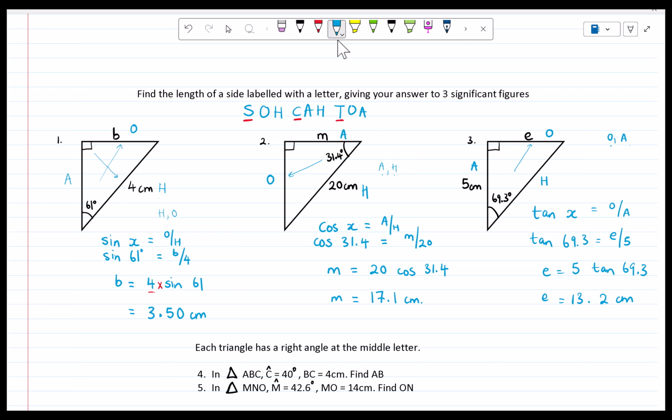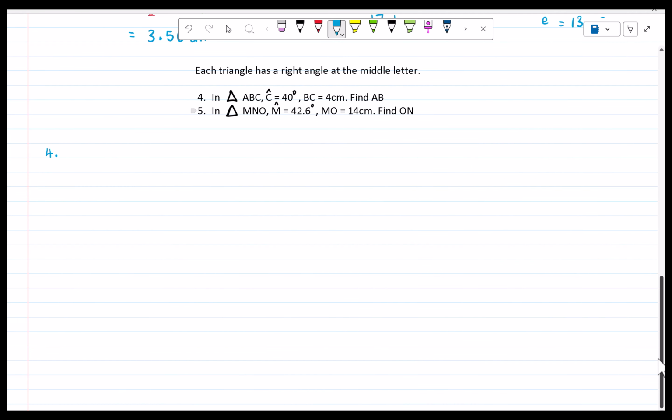And moving on to example number 4 and 5, it says each triangle has a right angle at the middle letter. So what we're going to do is to sketch our right triangle. So for number 4, we are given in triangle ABC, C is the angle. So this denotes that it's an angle. So the angle C is 40 degrees, BC is 4 centimeters, and we want to find AB.